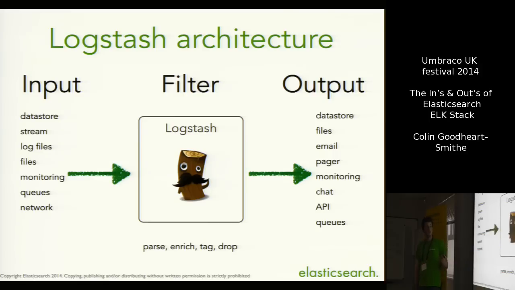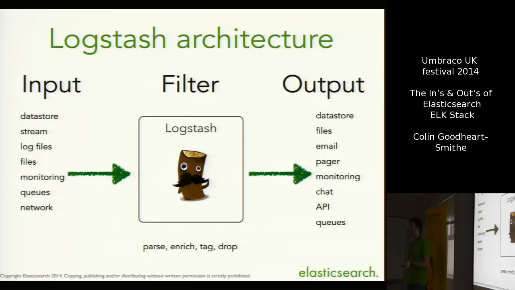You then have the concept of a filter. The job of a filter is to parse, enrich, tag, or drop messages. So essentially, you get, for example, your web request log coming in on your input, and you can parse each of the log messages to find out the date, which IP address it came from, what the HTTP method was, that kind of thing.